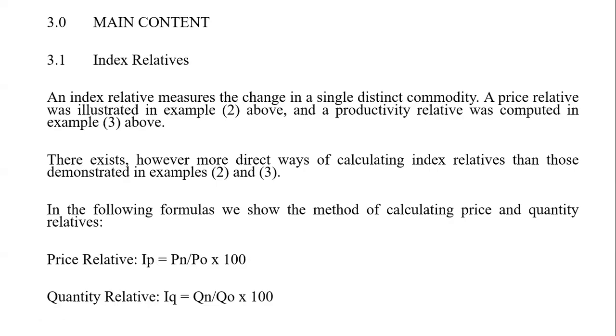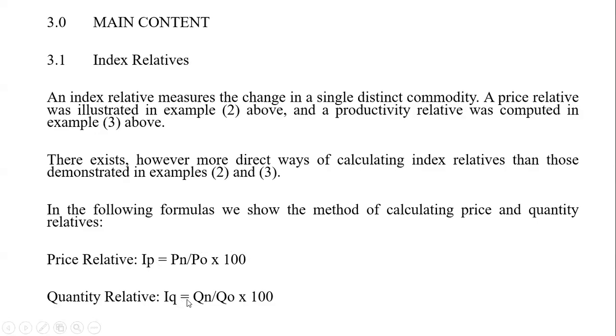P naught is the price at base time period, or base time point, and Pn is the price at some other time point. So when you see them, you should remember. Index relative is equal to the price at some other time point divided by the price at base time point, times 100.